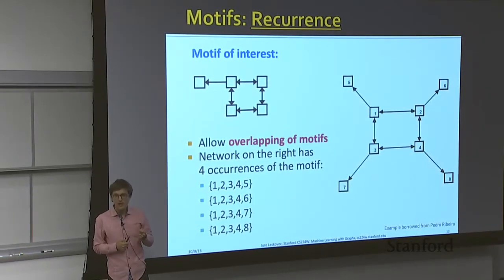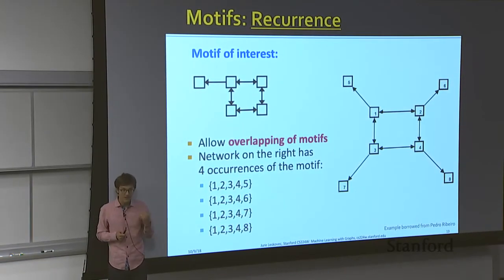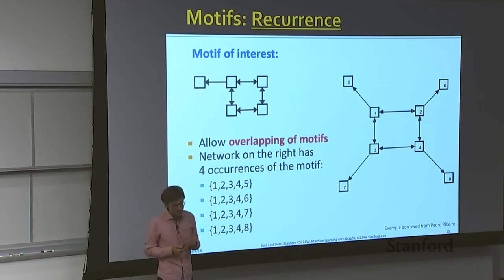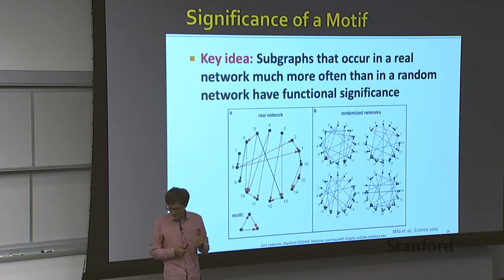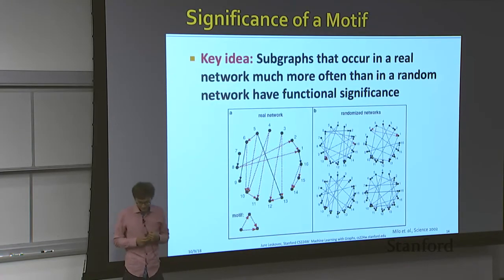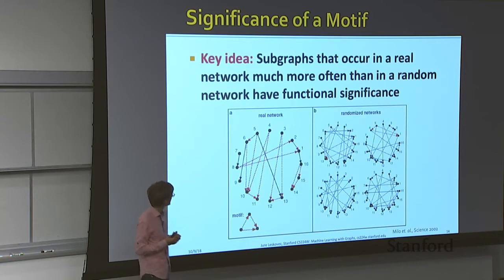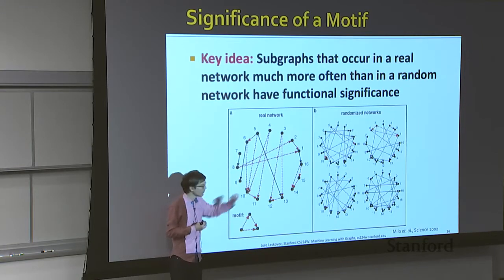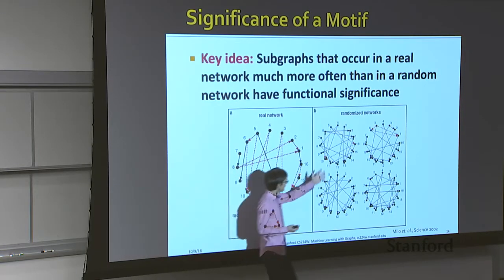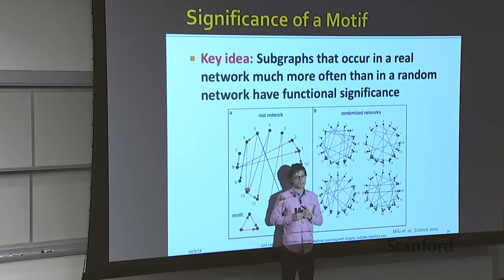Now we need to define this notion of significance. So that's the next concept we are going to define. And when we think about significance, here is how we think about it. The key idea is to compare the frequency, the number of occurrences of a given motif of interest in our network, versus in some kind of random realizations of the network, right?